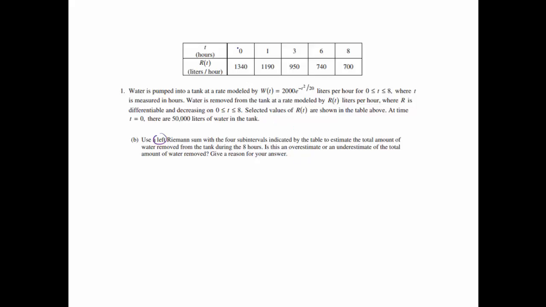Instead, if we want 4 subintervals, this will be my first one, second one, third one, and fourth one. For that first region, the width of the rectangle would be 1. The height is going to be the left value. So in my interval 0 to 1, the left value would be 1340.